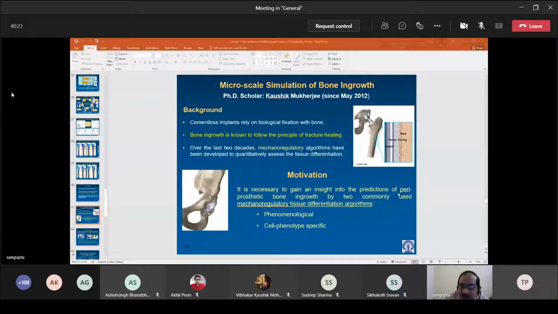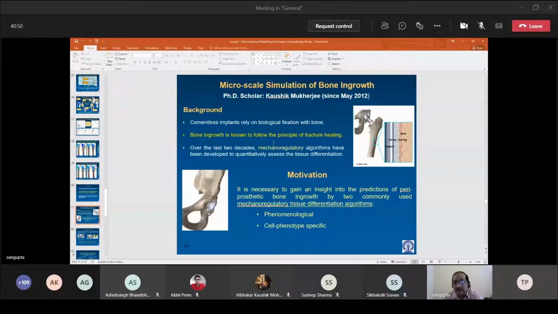Then he joined IIT Delhi as an assistant professor in mechanical engineering, and he has started biomechanics research in the department at IIT Delhi. So let me give you a very brief idea about his work, which was initiated here.